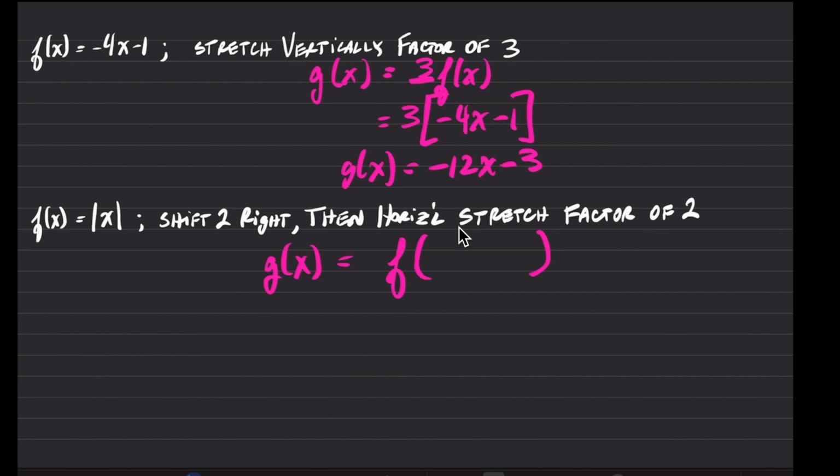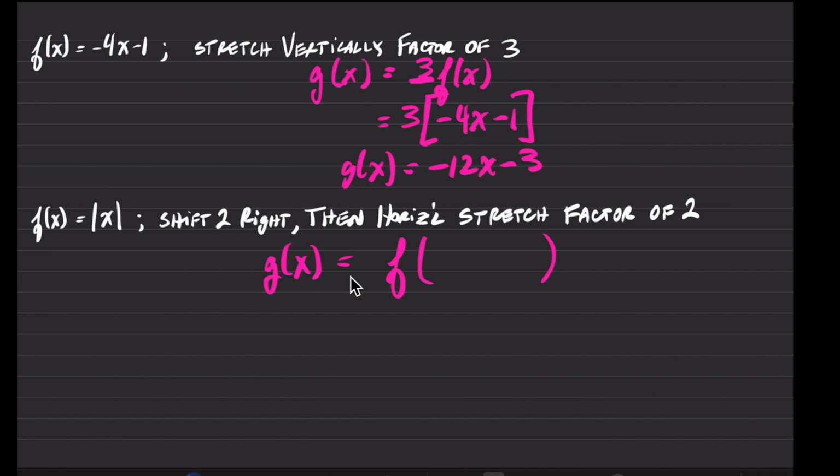Actually, let's keep it f of x. I like that better. Now, the fact that there's two things going on, a shift and a stretch, I made this parentheses wider because I'm going to have to put two things here.